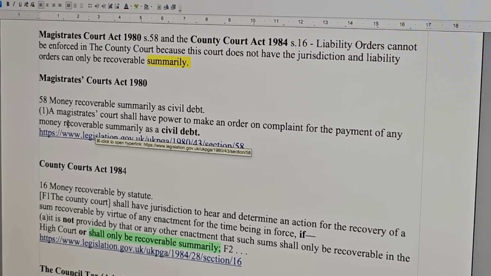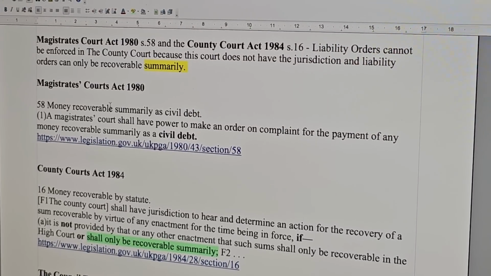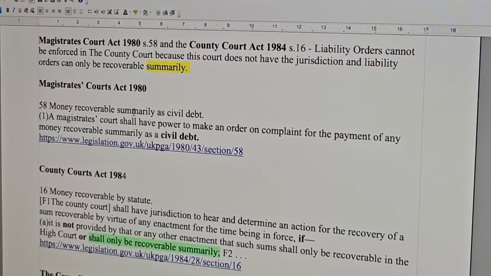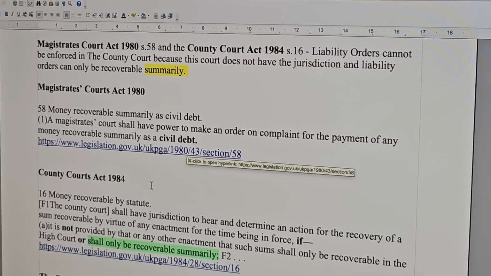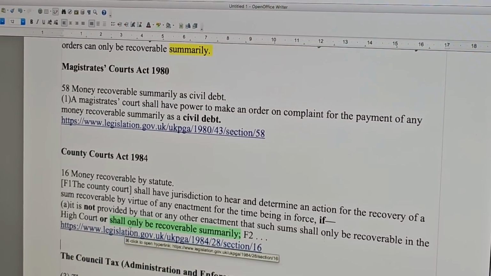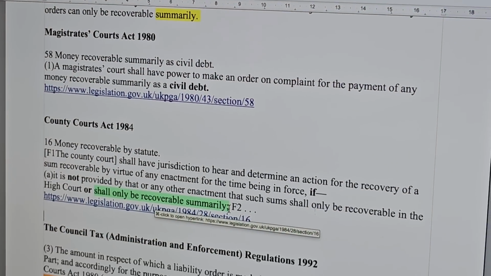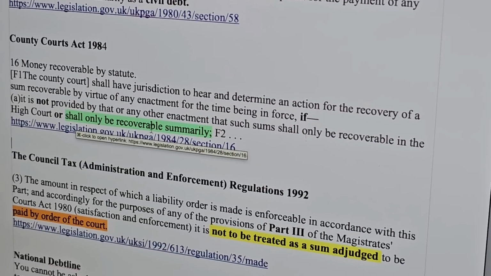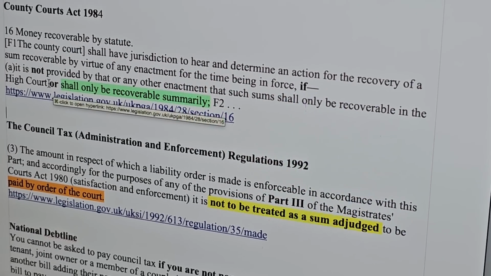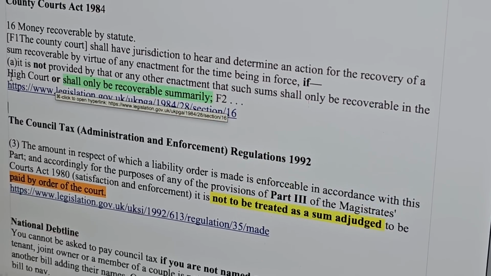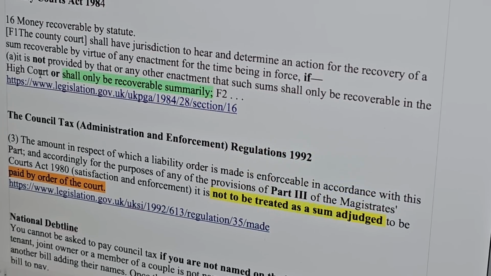So if it's only summarily, it's clear, according to this, that it's the magistrates' court that should be enforcing these, not the county court. Because the county court doesn't have the jurisdiction to hear sums that should only be recoverable summarily. It's like if it was in the High Court, they clearly can't do anything that's only recoverable in the High Court.